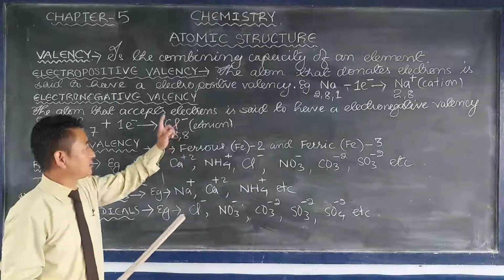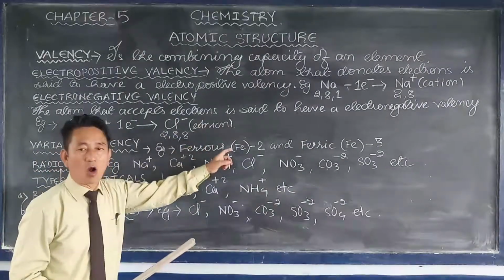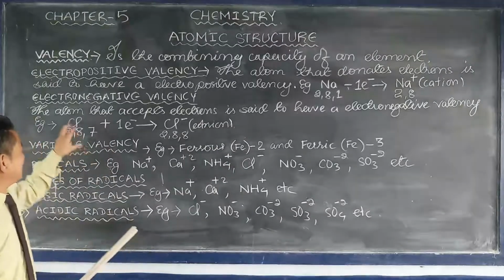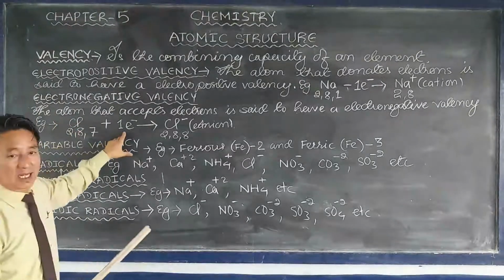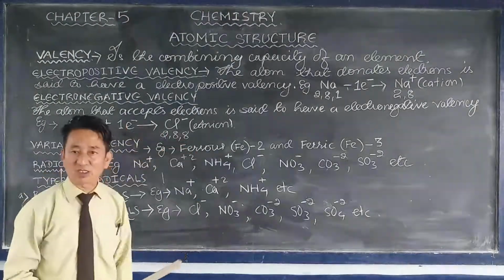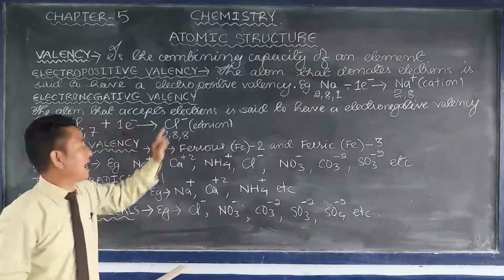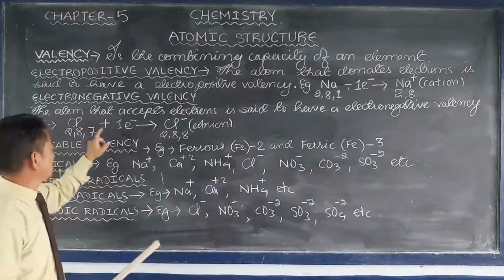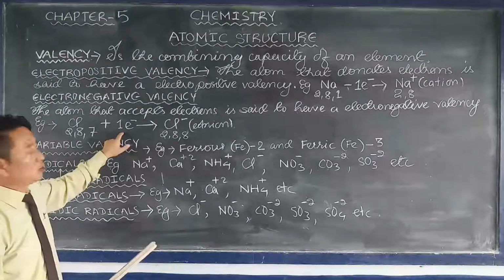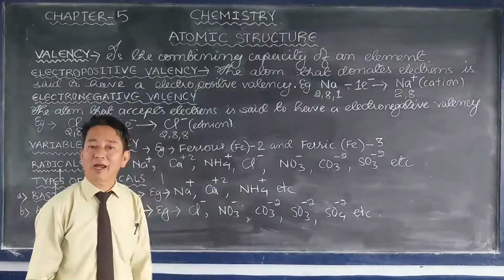An ion having a negative charge is known as an anion. Here, the chlorine atom gains 1 electron, so its valency is 1. So it has electronegative valency minus 1.